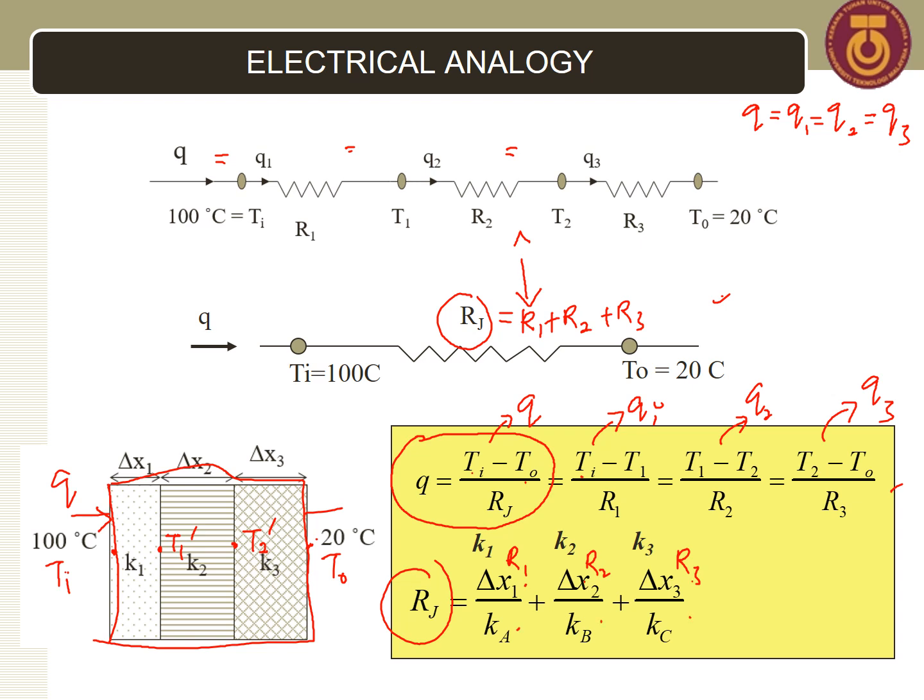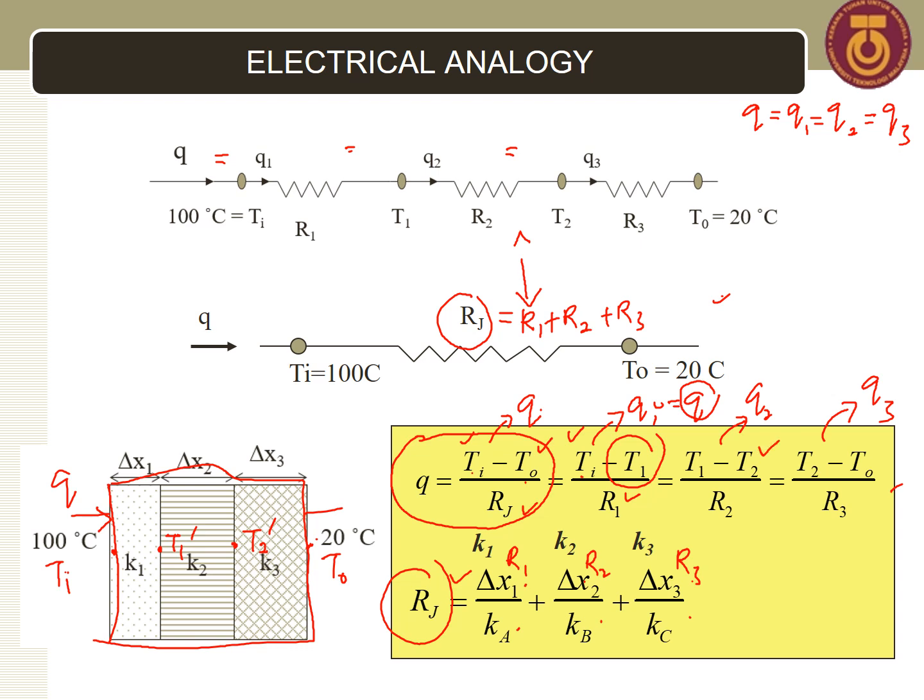So we can get Rj. Because we have Rj, and we also have Ti and T naught, we can get the overall Q. We know that for series, overall Q equals Q1 equals Q2 equals Q3, meaning Q1 equals the overall Q. And we have R1 and Ti, so using the value of Q, we can get T1. The same goes for the temperature T2.